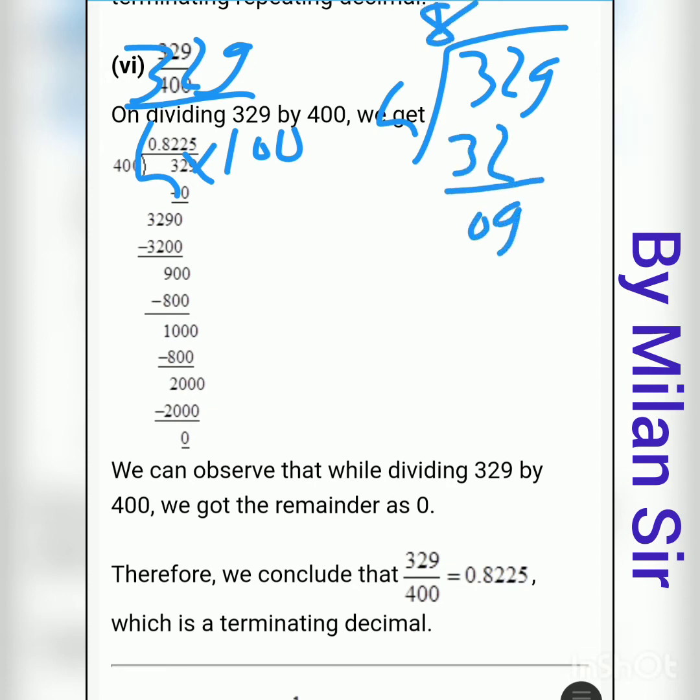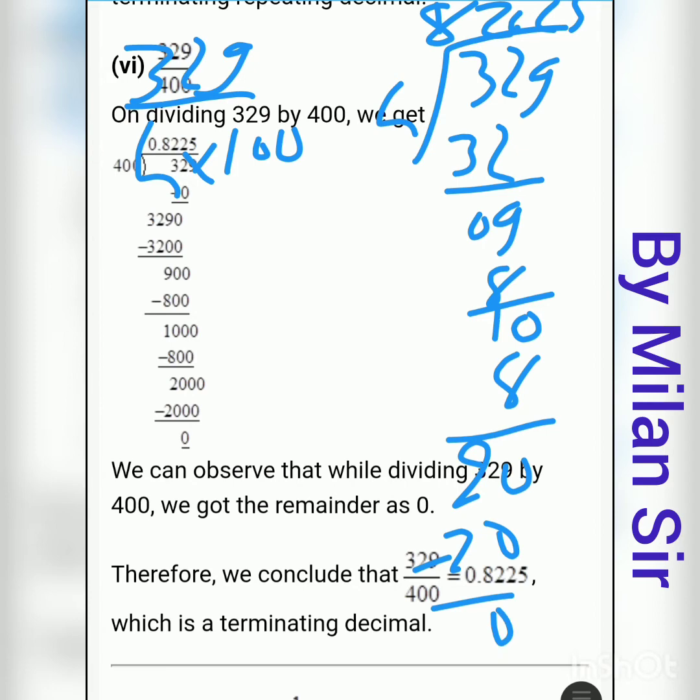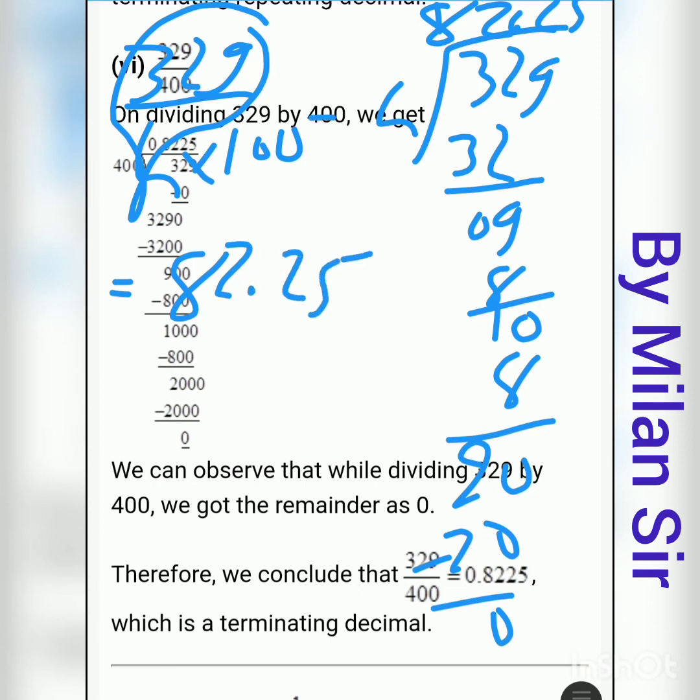Remainder 0, 9. 4 2s are 8, 1 remainder. So here we need to put one decimal point. 10, 4 2s are 8, 2 remainder, 20, 4 5s are 20. So here we get the answer 329 divided by 4 is 82.25, and division by 100 is remaining.